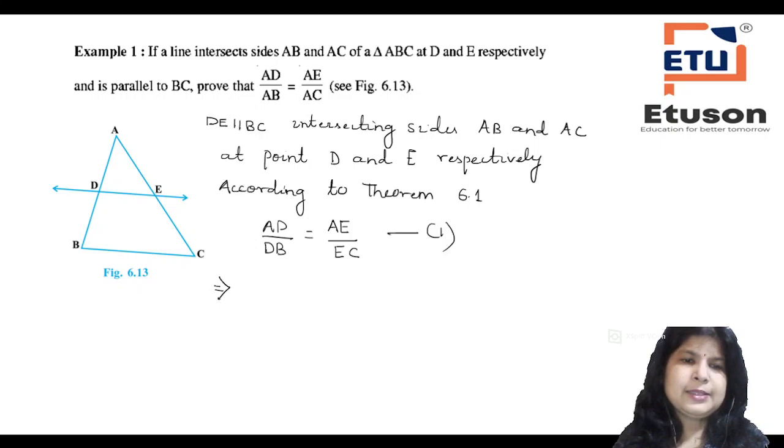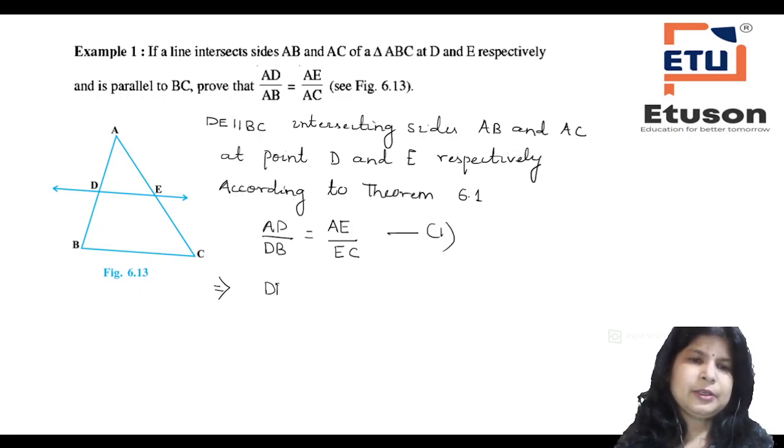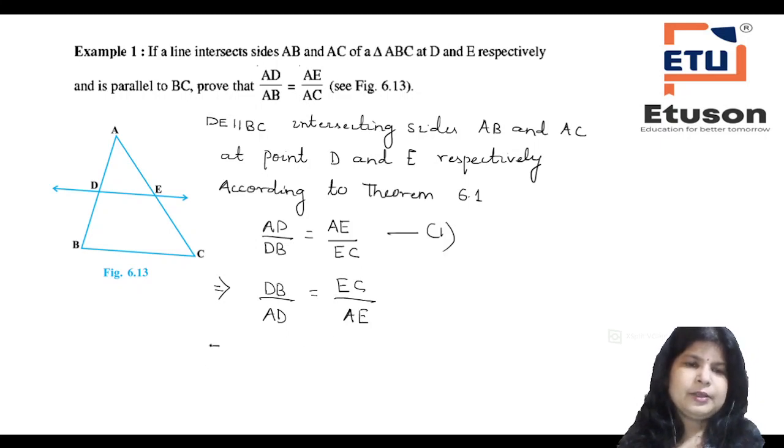Now, if I find out the reciprocal of this expression, it implies this can be written as DB divided by AD is equal to EC by AE, right? Now, let us add 1 to both sides. Because you are adding 1 on the left hand side, you have to add 1 on the right hand side also, right?